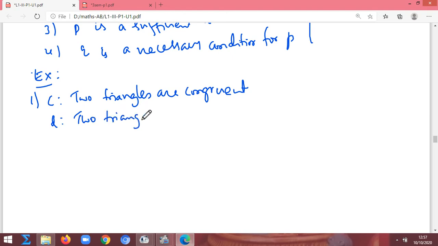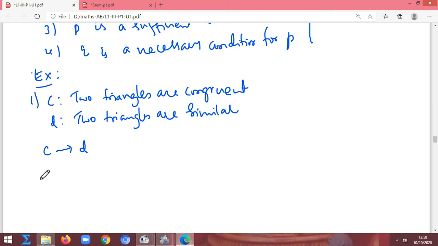Now we want the implication C implies D. Can you guess what the statement will be?